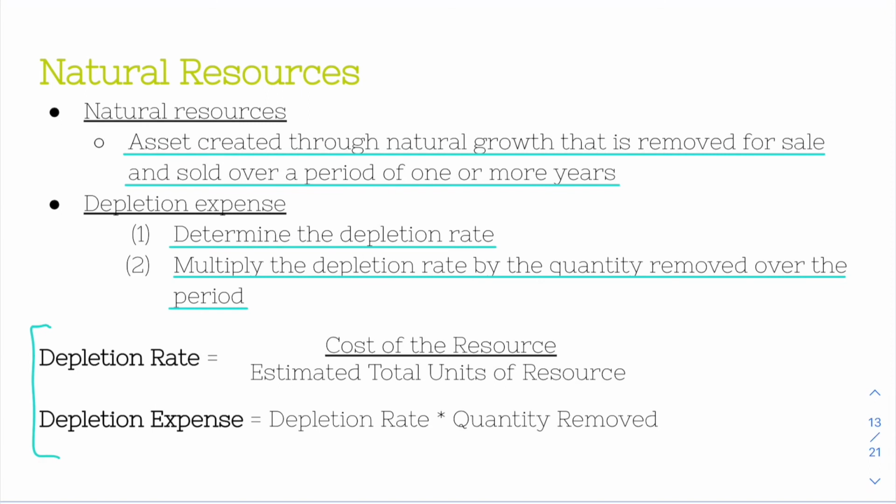So the amount of the tons of coal you can mine, or the number of trees you can cut down and use for lumber, etc. So that's your depletion rate, and your depletion expense is just the depletion rate times the quantity removed. And again, I'll go through an example of that in a second, but it's very similar to the units of activity method.